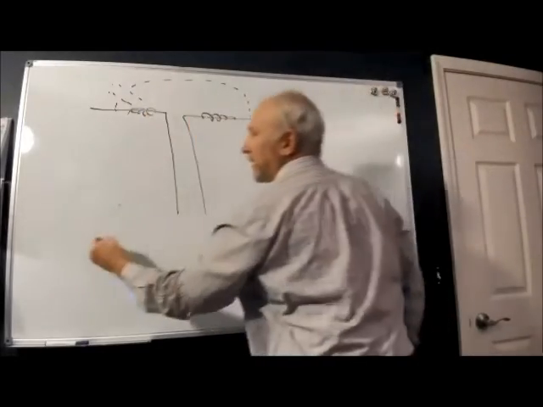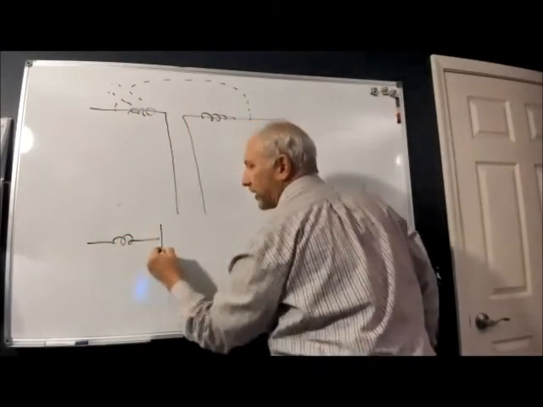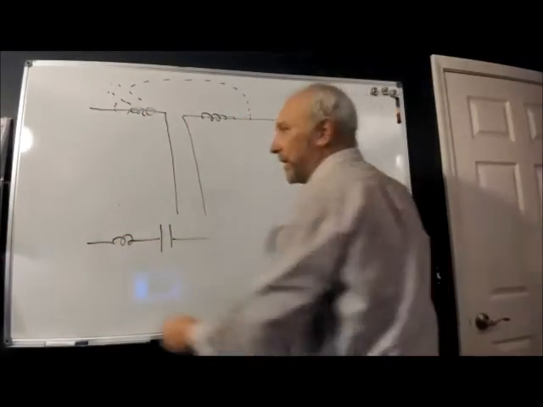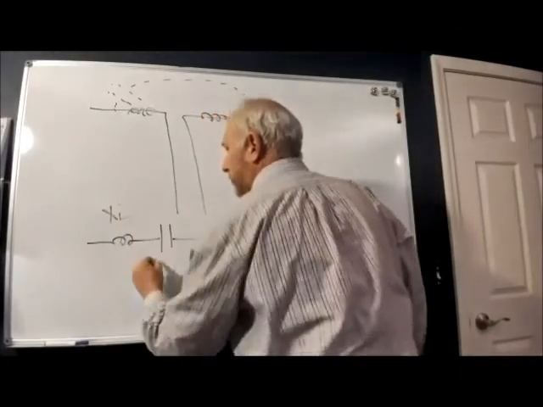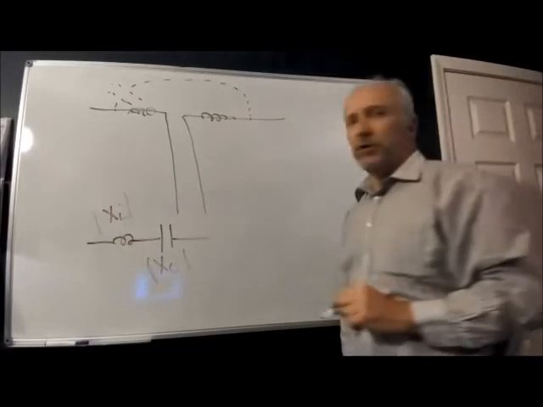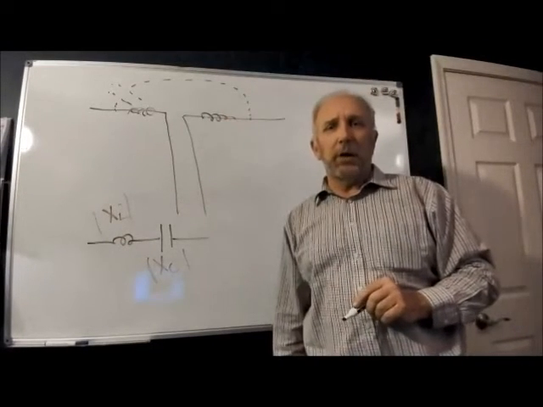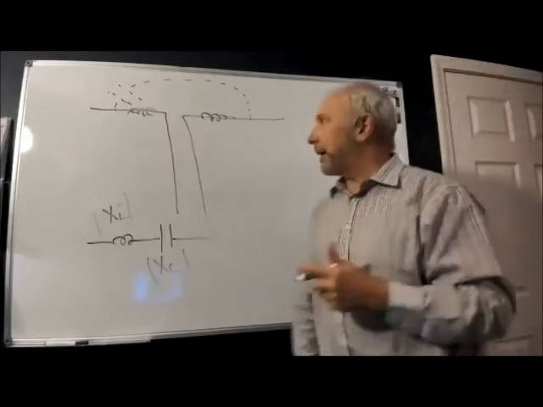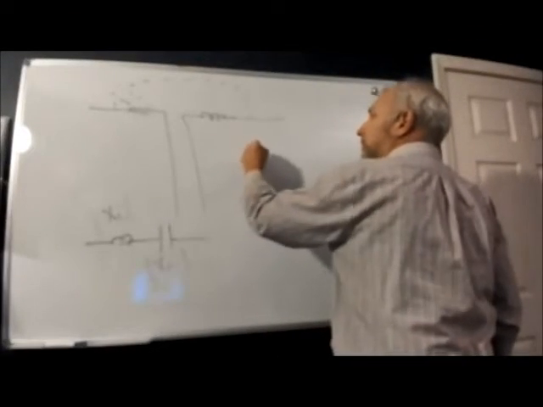As you may recognize, this is series inductance and capacitance. We want X sub L to be equal to X sub C. And when X sub L is equal to X sub C, what do we call that? Resonance. So a dipole antenna has this property called resonance.